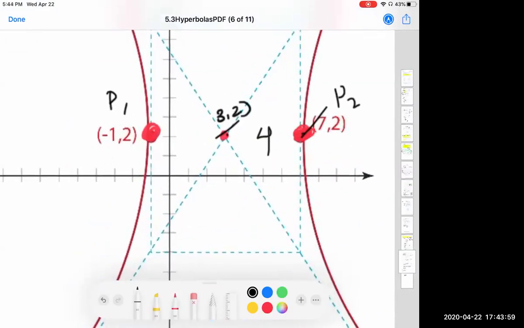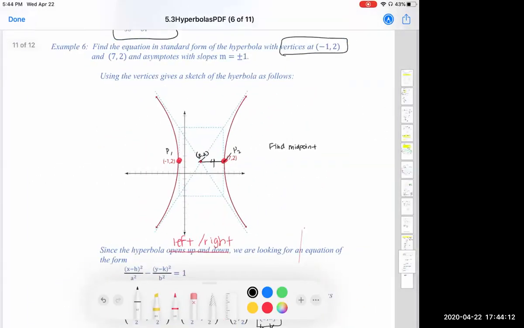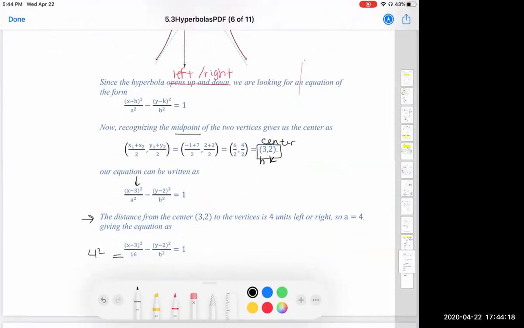Well, (3, 2) to (7, 2), now you know what those points are. You know that that's 4 units away. So if that's 4 units away, therefore it has to be a 16. Remember, when you graph it, you take the square root. To write it as an equation, you have to square it. So that's how we get that 16. Thank you. You're welcome.